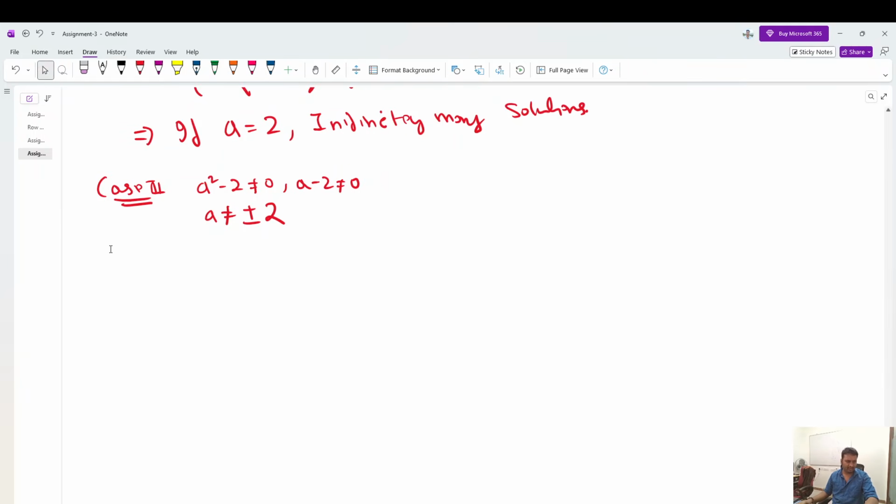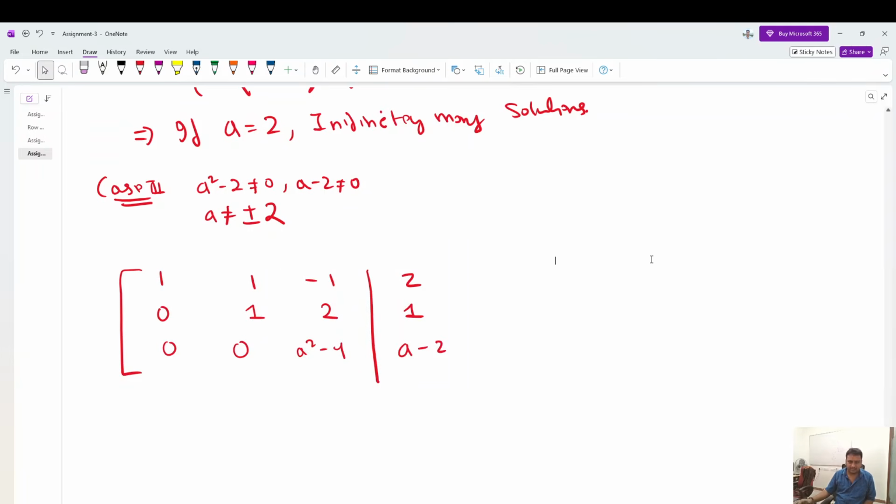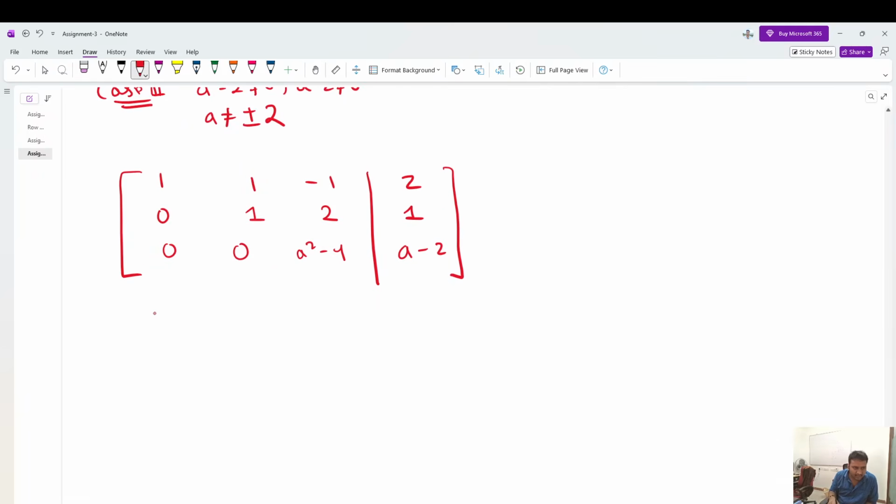Okay, let us see what you have here. So control plus V. And what you have is this matrix, of course. So from that, what you will get is a square minus 4 times z from the third row is a minus 2. What it means, guys, z is equal to, a minus 2 is non-zero, so you can cancel out both sides, right? So 1 upon a plus 2.